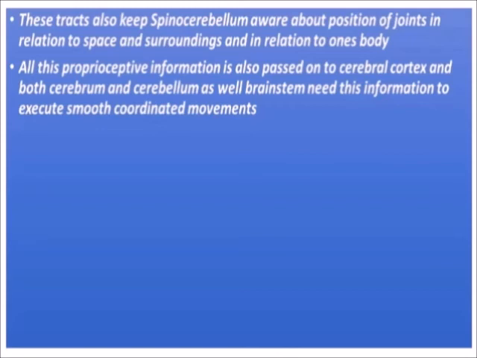All this proprioceptive information is also passed on to the cerebral cortex, and both cerebrum and cerebellum as well as brainstem need this information to execute smooth coordinated movements.